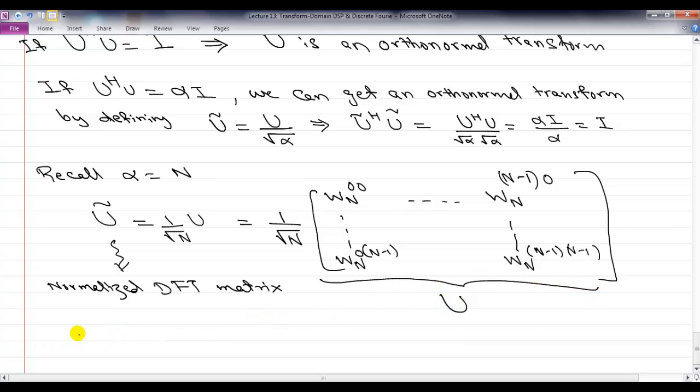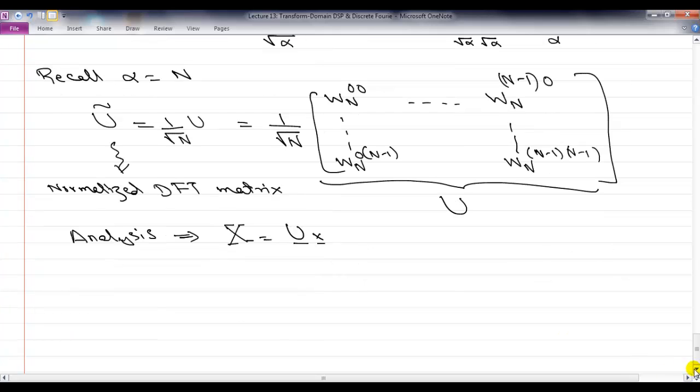And our analysis equation is going to be capital X equal to U little x. Now, if you start writing down the entries of this, you actually get back the non-matrix vector type expression that you have seen in your undergraduate.